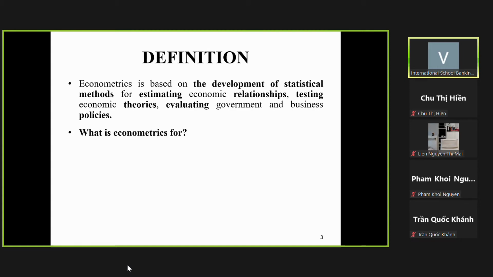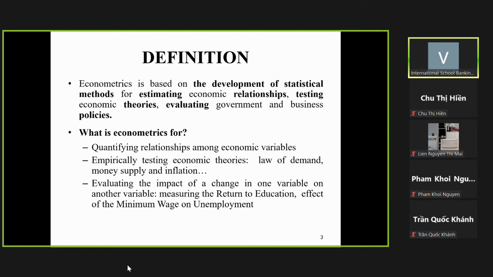And this slide talks about the definition. The definition of econometrics is very broad here. Econometrics is based on the development of statistical methods for estimating economic relationships, testing economic theories, and evaluating government and business policies.